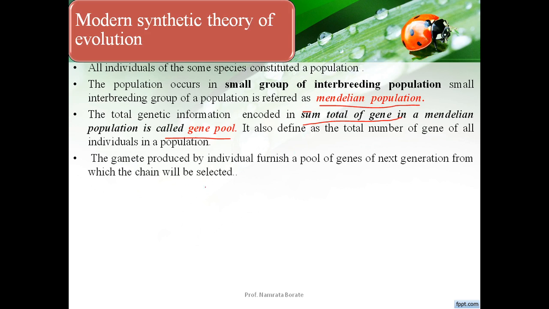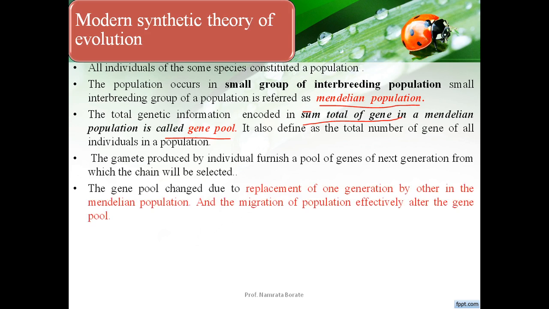The gametes produced by individuals furnish a pool of genes for the next generation, from which the chain will be selected. The gene pool is changed in two cases: first, a replacement of one generation by the other in a Mendelian population, and the second one is a migration of population. Both of these effectively alter the gene pool.